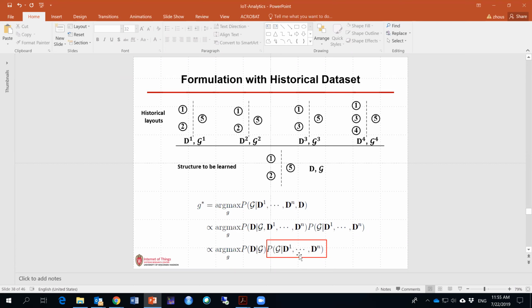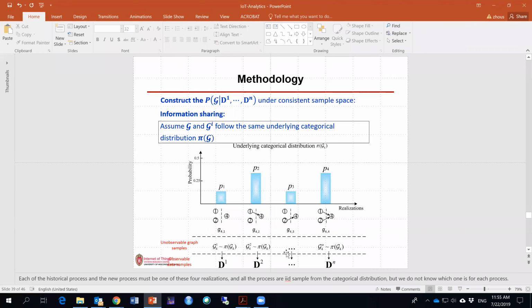And in this work, we developed the whole learning process, how to learn the prior distribution of the graph random variable. Essentially, the key idea is that we assume the graph random variable for different processes follows the same categorical distribution.